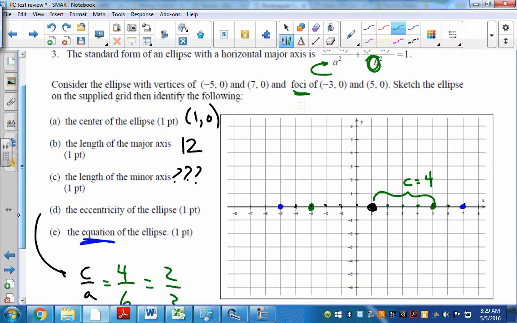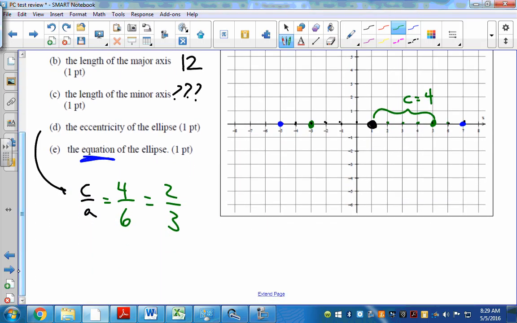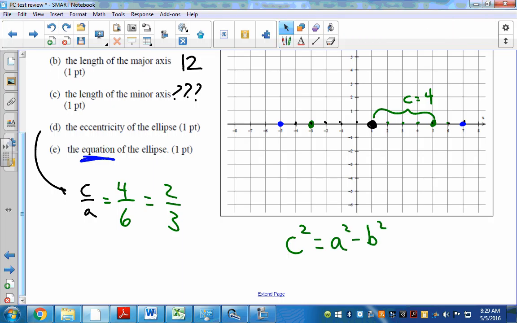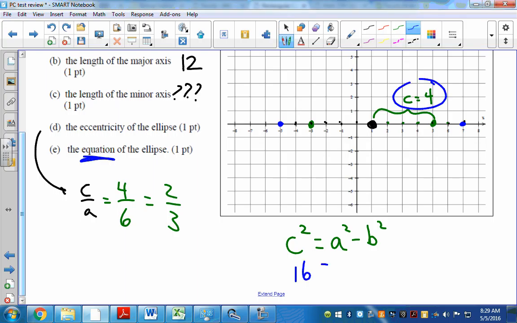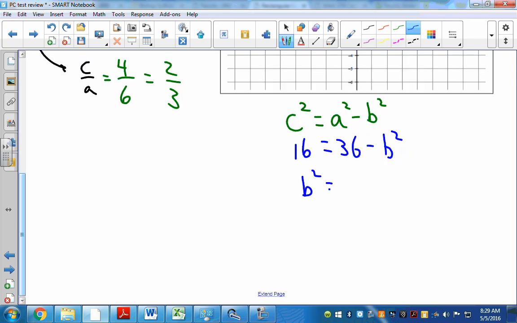There is a relationship, remember, for ellipses between A, B, and C. C squared is A squared minus B squared. For our problem, we figured out that the focal length is 4, so that's 16. And A is 6, so A squared is 36, and then minus B squared. So a little bit of subtraction, we get B squared is 20.